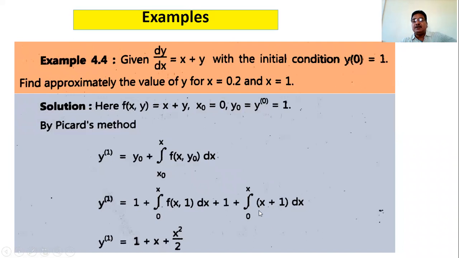The value at the upper limit is x squared by 2 plus x, and the value at the lower limit, substituting x as 0, is 0. So we have the answer x squared by 2 plus x, because the 1 and the minus 1 cancel to become 0. So write here y1 = x + x squared by 2.